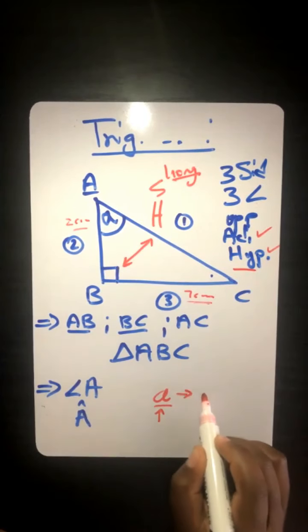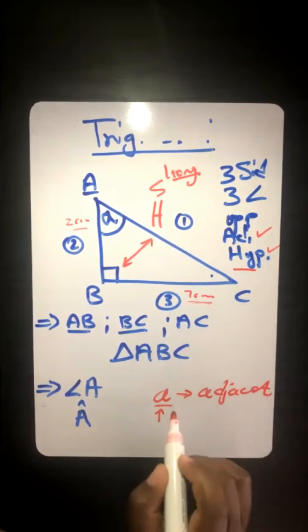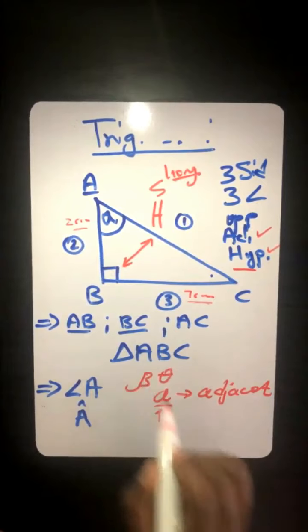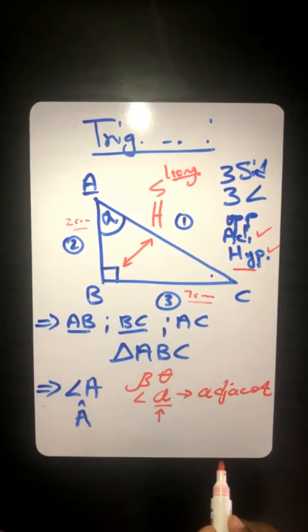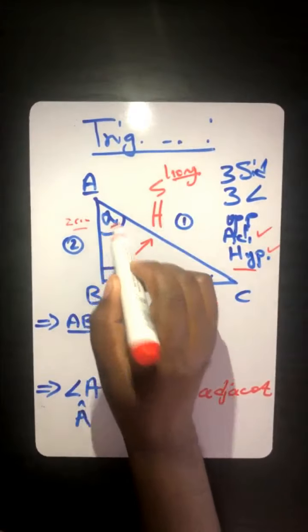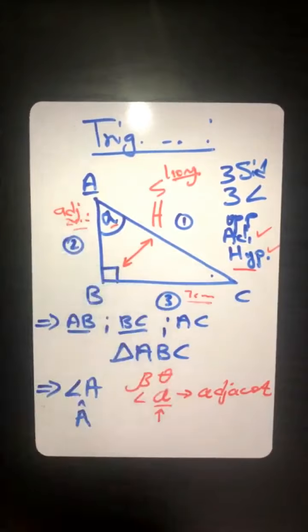To me, that alpha actually represented adjacent, even though alpha is an angle like theta, beta, or whatever angle. So that means this side, which is closer to that angle alpha, it's my adjacent side.